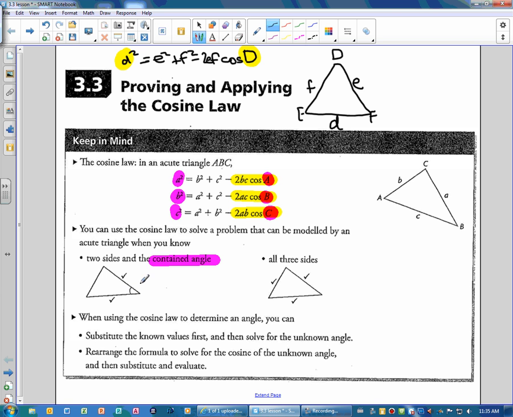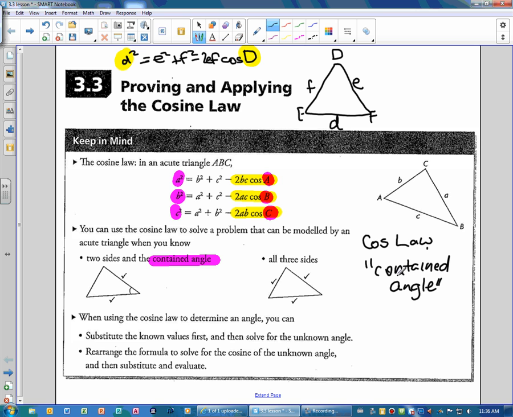So this angle would be contained. Over here, I can use the cosine law because I know all three sides. So cosine law is all about the contained angle. Cos law, contained. Okay, so the second one, are you wondering?